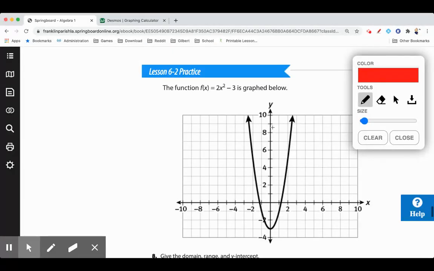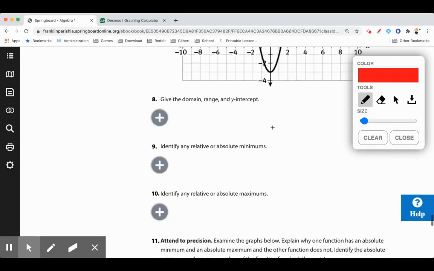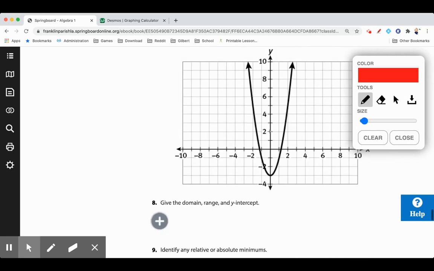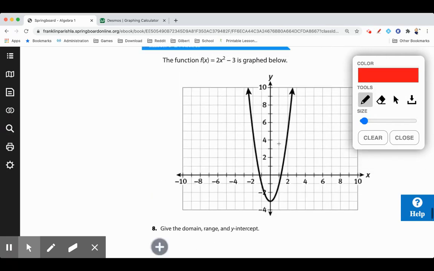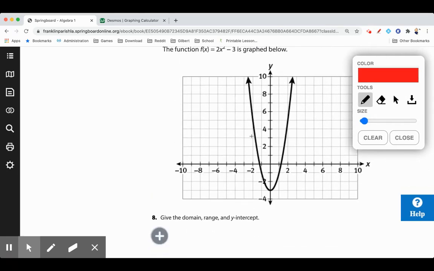So you can just try 8, 9, and 10 using this graph for the domain, range, y-intercept, maximum, and minimum. Okay, remember, if it's going to go on in certain directions and it's not skipping any numbers, think about what we would call that domain. Range, you start here and get going up, so think about what you'd call that.